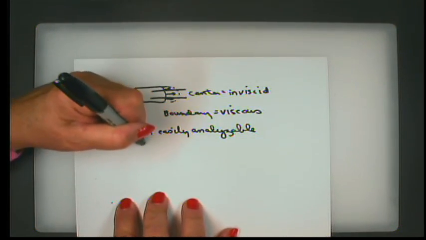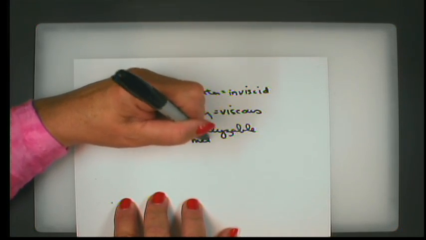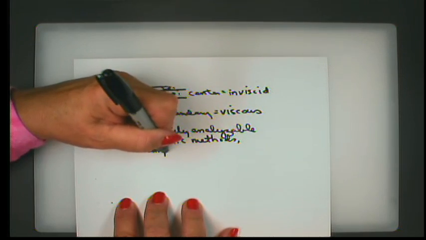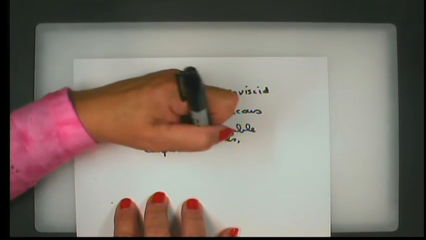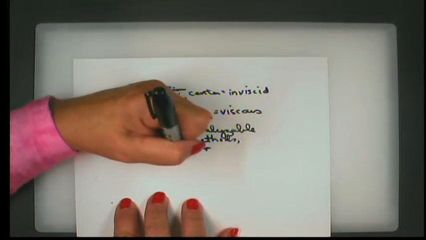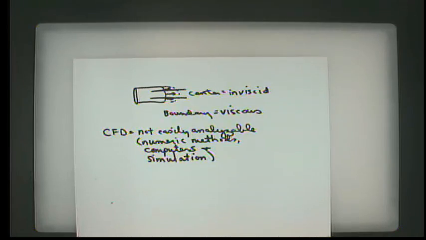So we often have to use numeric methods, and computers and modeling have really advanced this field. Modeling, which we'll talk about in chapters 8 and 7, I believe, is also referred to as simulation. So we'll take a look at that later on.